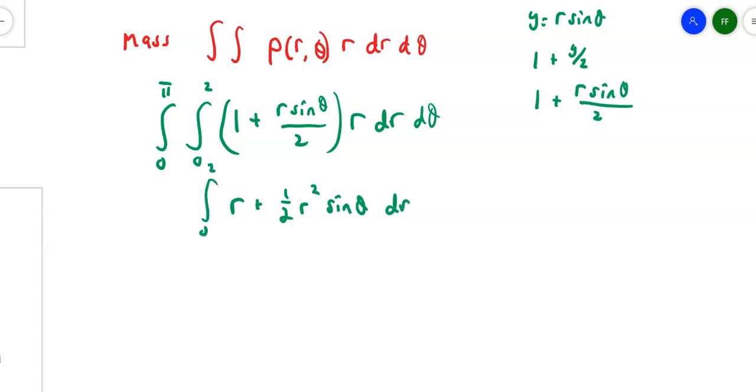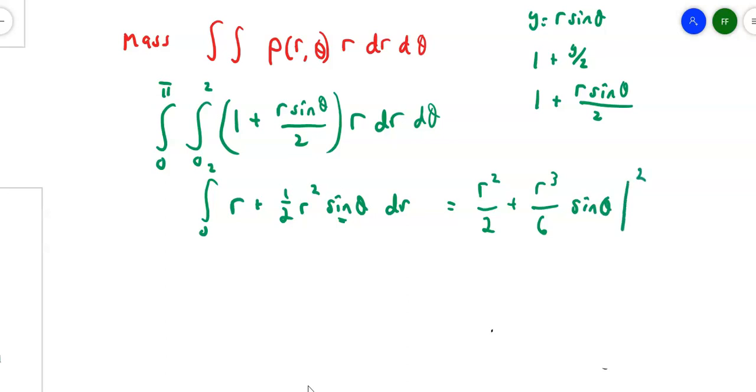Now, remember, we're integrating with respect to r. That sine is just a constant. So take the antiderivative with respect to r, and you get what? r squared over 2 plus r to the third over 6, because there's a 3 up on the top and there's a 2 that's already there. And the sine of theta was just a constant, so it comes along for the ride.